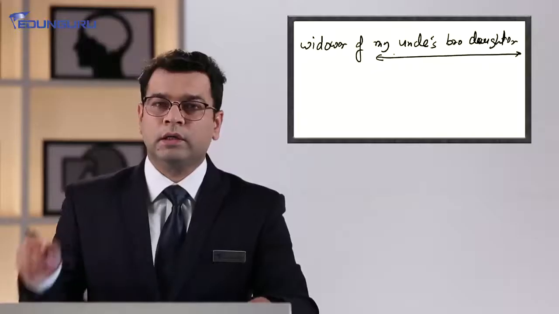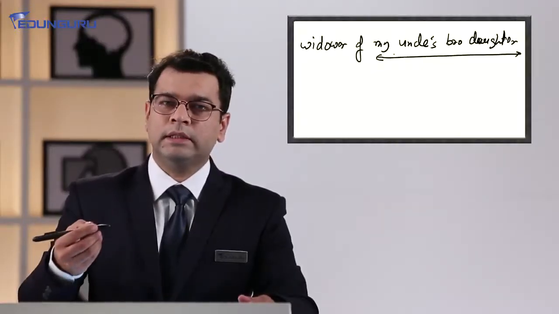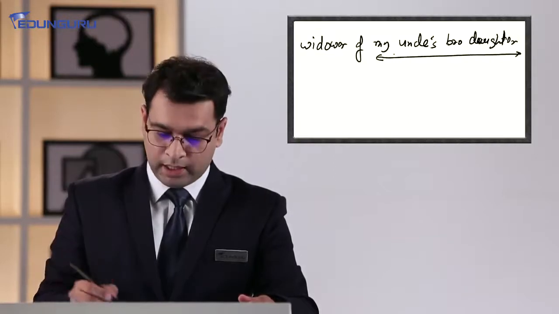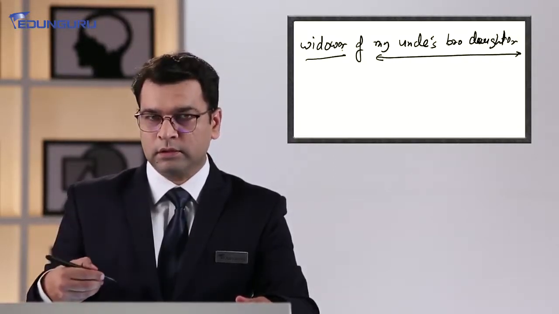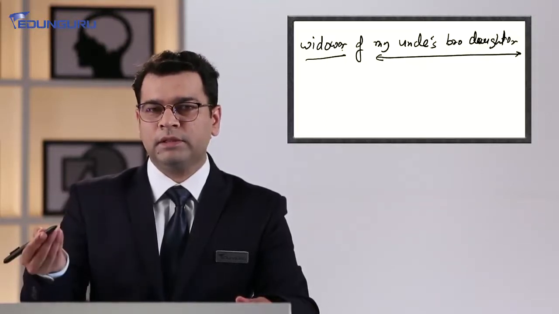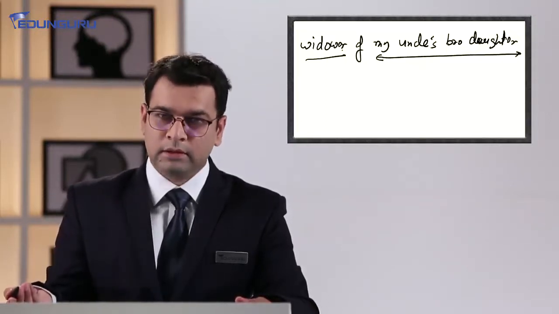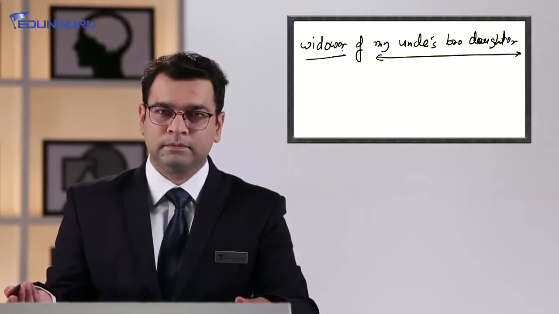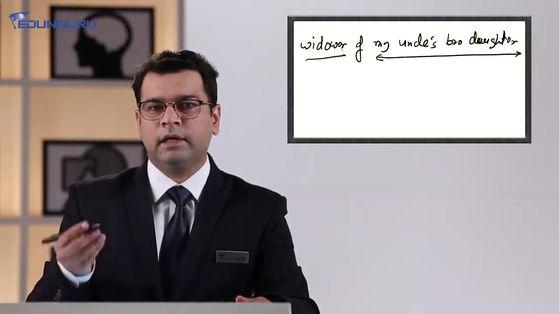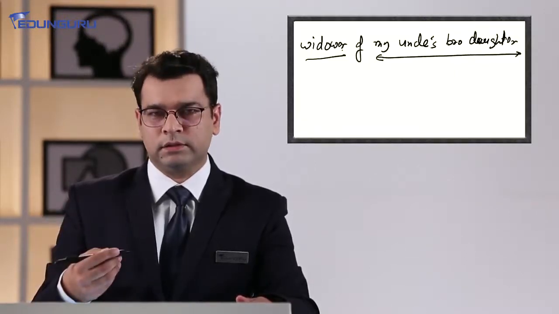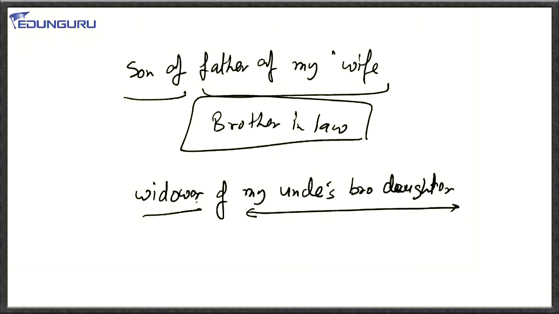So uncle's brother's daughter is uncle's daughter basically, and he is widower of my uncle's daughter. So uncle's daughter's widower means my brother-in-law again. Clear? Uncle's daughter means my cousin and he is widower of my cousin. That means he was brother-in-law again. So the answer will be the same, brother-in-law.